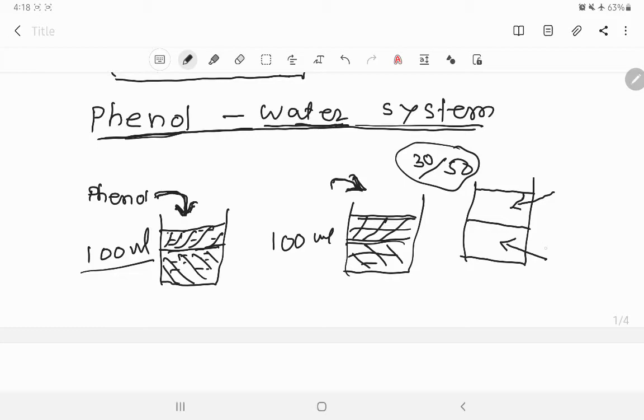Got it? Yes. Two different solutions of two different compositions. This solution has a different composition. This solution has a different composition. One is phenol in water, the other is water in phenol.